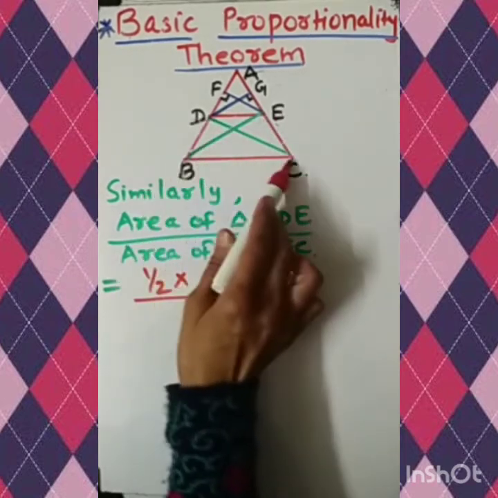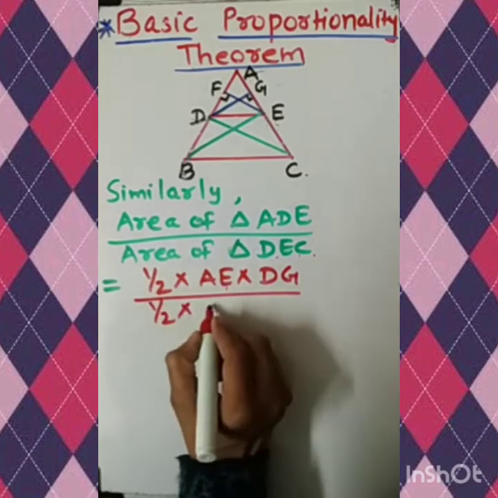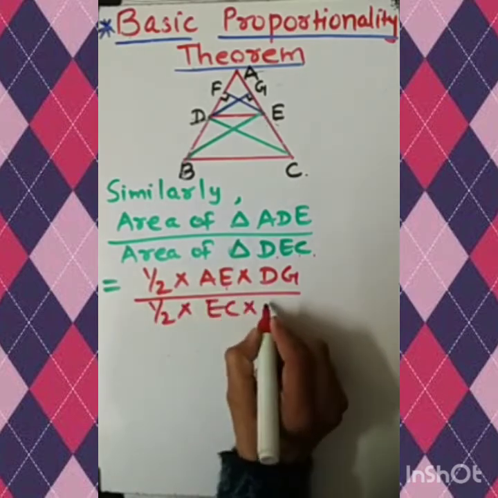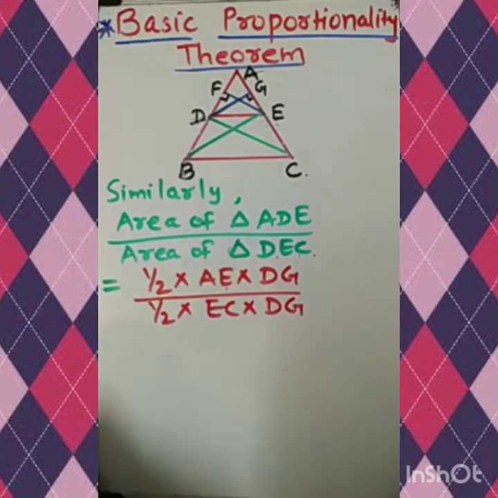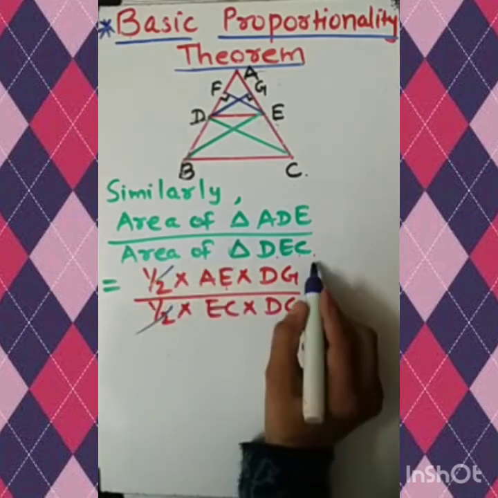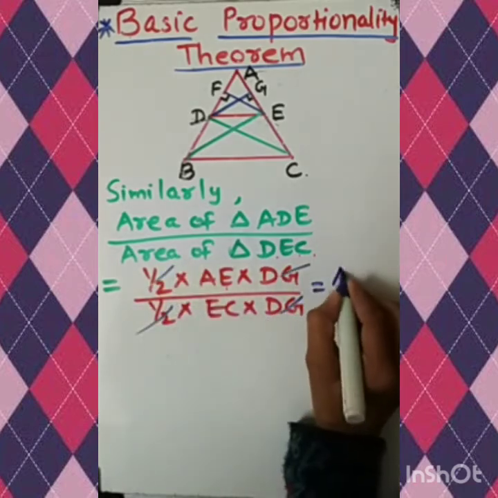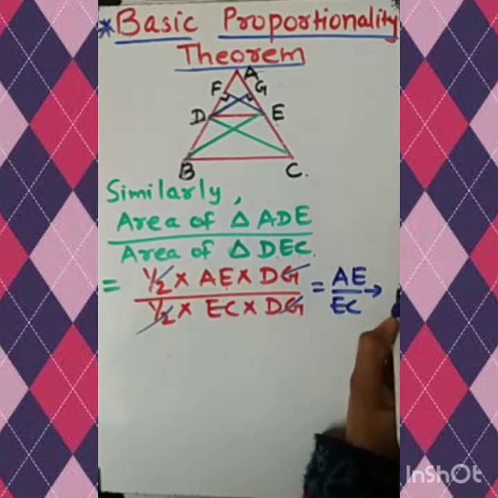In this triangle also, 1/2 into EC into DG, base into height. If I cancel, you can see the 1/2 cancels. So what is left? AE upon EC. Let me call this result number 2.